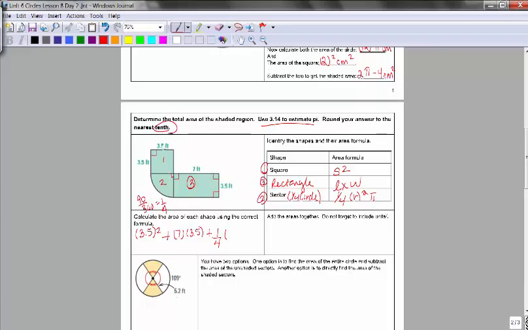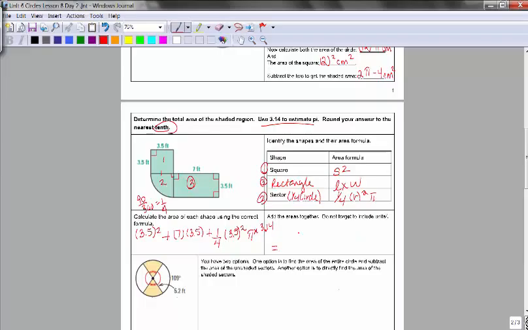What's the radius? Well, if this is a square, those have to be congruent. So 3.5 squared times pi. We use 3.14 for pi to get our answer.